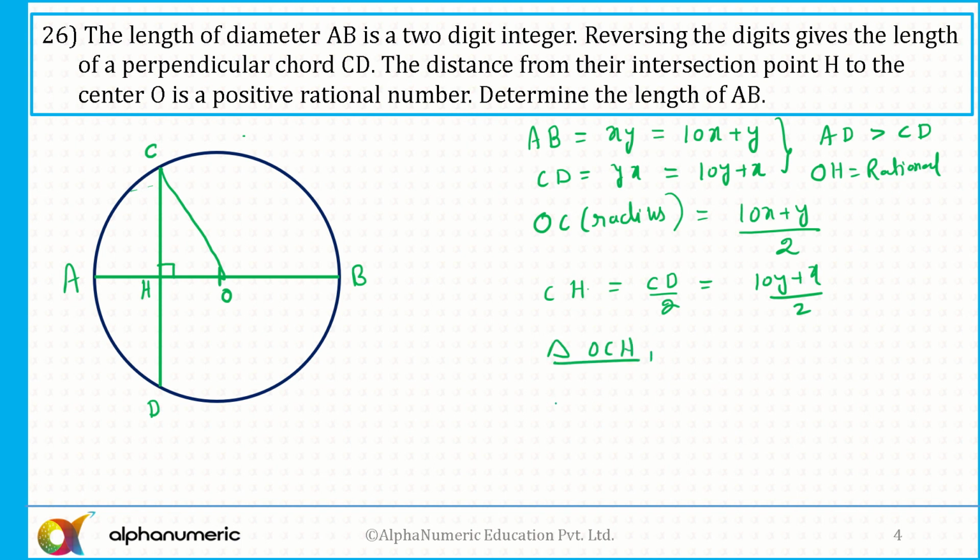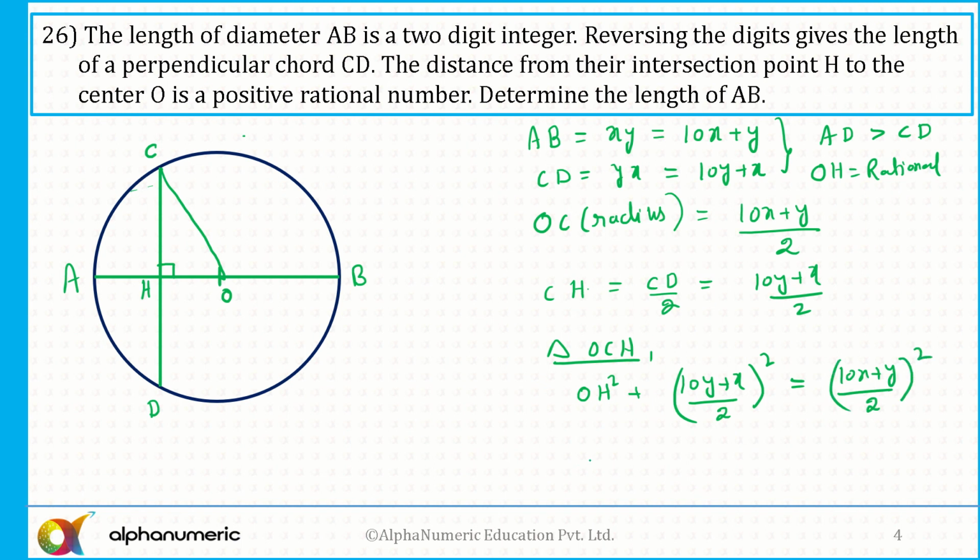So OH squared plus CH squared, where CH squared is 10y plus x by 2 whole squared, is equal to OC squared. OC is 10x plus y by 2 whole squared.